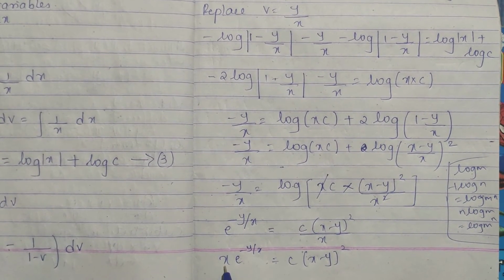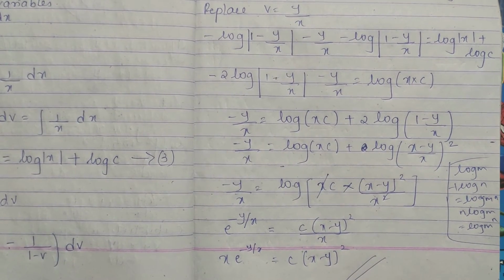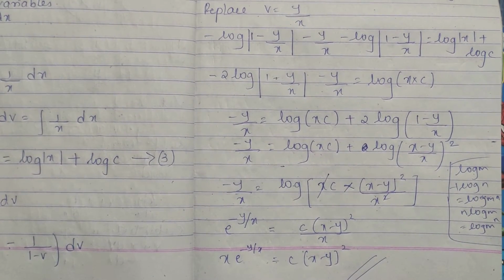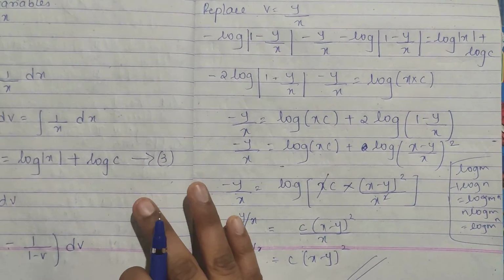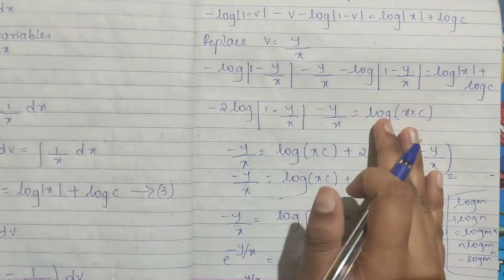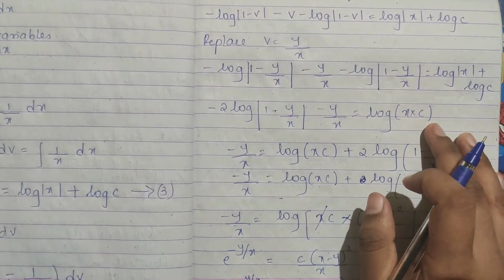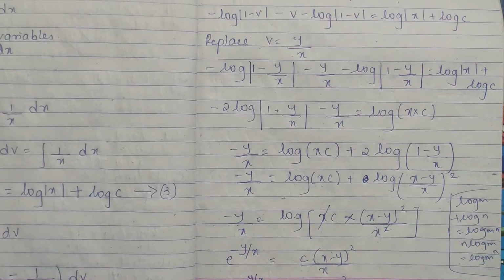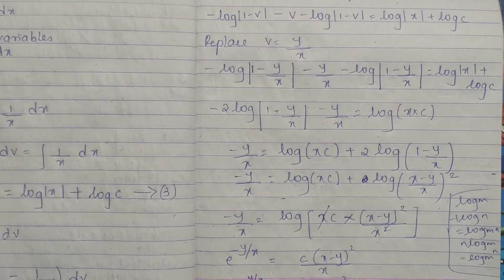Again take x here, so x e raised to minus y by x is equal to c into x minus y the whole square. Okay, like this if you want, you can do the total, or see, your last part is replacing y. If you have replaced it, if you are not understanding how to solve, then you can leave it here also. I hope this is clear for you. It's a bit lengthy but a very easy part, not much difficult.